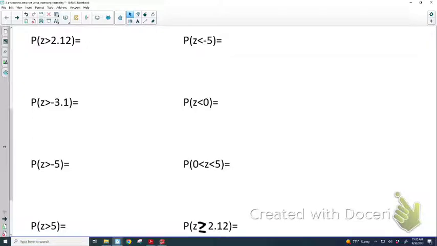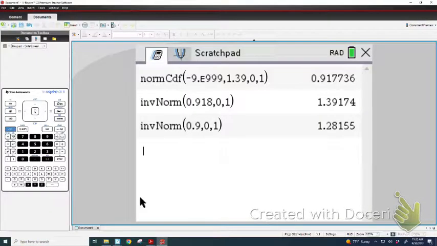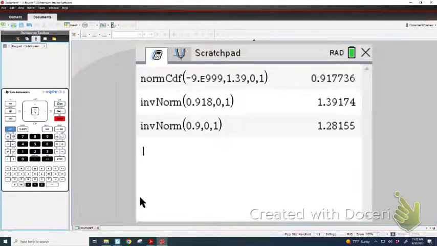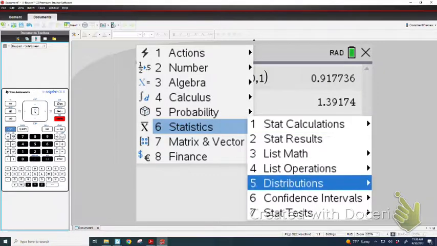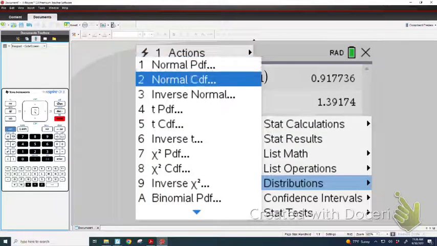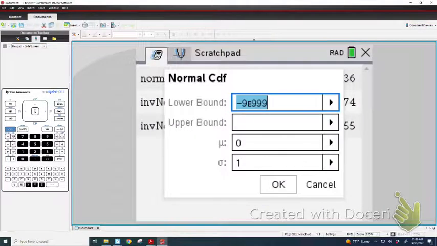I want to make sure I display the top right one, proportion of z's smaller than -5. So let's do that together. Normal CDF. Smaller than -5, that means I have negative infinity and -5.